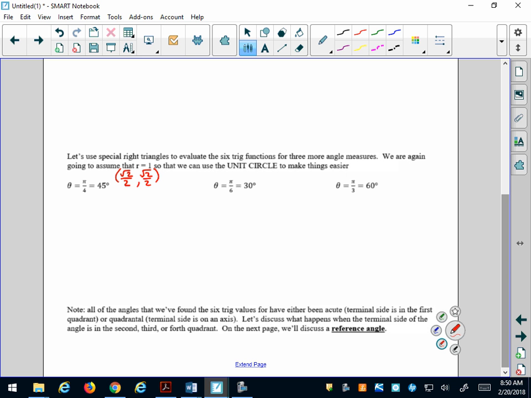So if we do the 6, we got sine, cosine, tangent, and then cosecant, and then secant, and then cotangent. I'll just do it underneath. All right, so in all these cases, we're talking about theta being pi over 4 or 45 degrees.